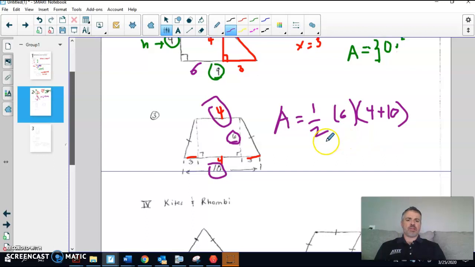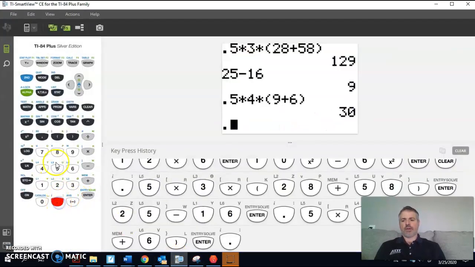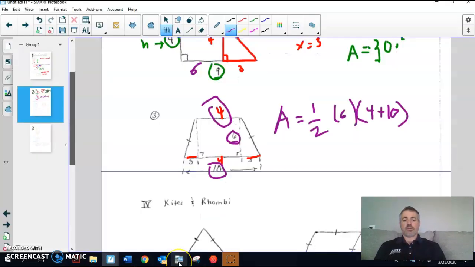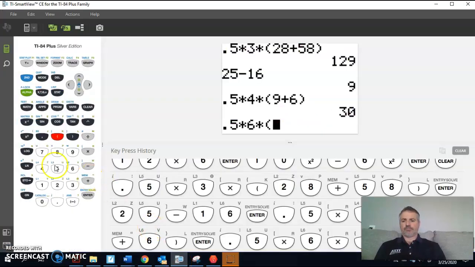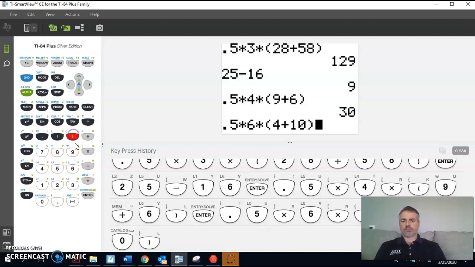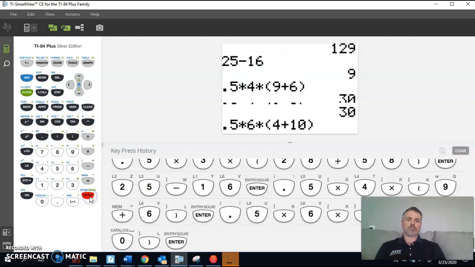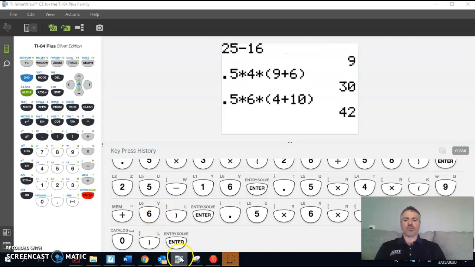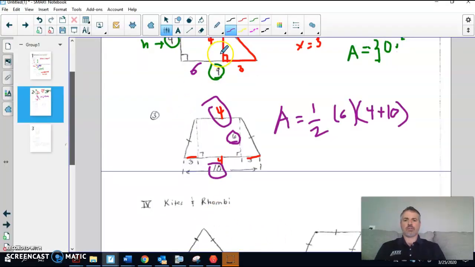So all I do is plug that in my calculator. Half of 6 is 3. This will be 14, so let's do that. So 0.5 times 6 times 4 plus 10. And so that's equal to 42. So that's 42 square units.